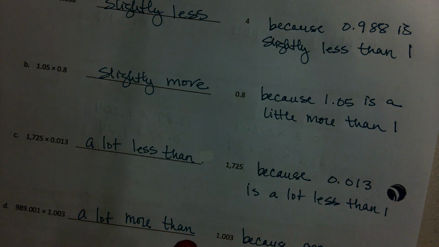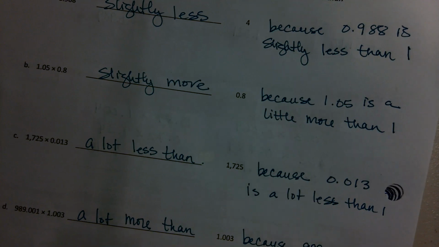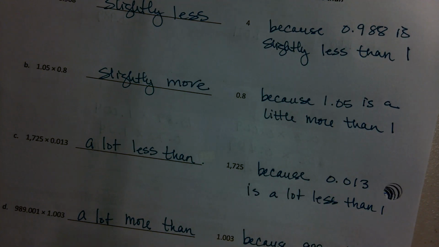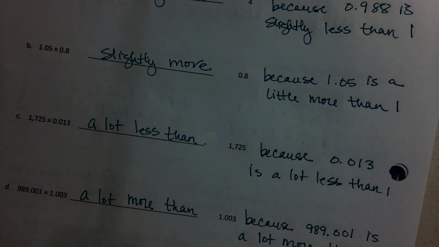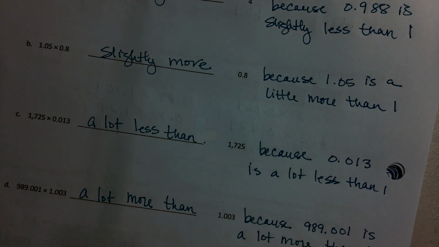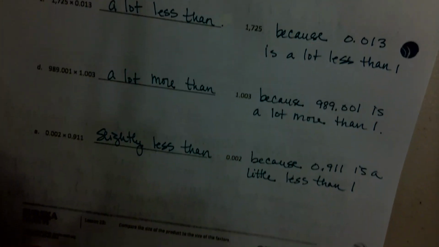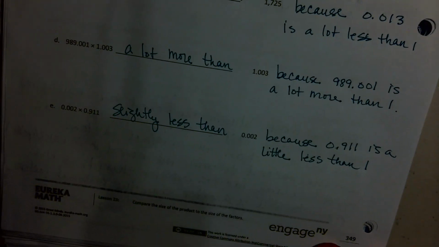Then a lot more than because 9.89.001 is a lot more than 1, almost 1,000. Slightly less than because 0.911 is a little less than 1. So that is how you needed to answer those problems.